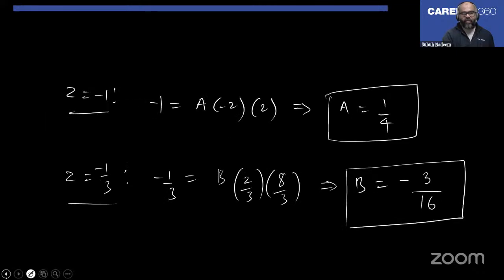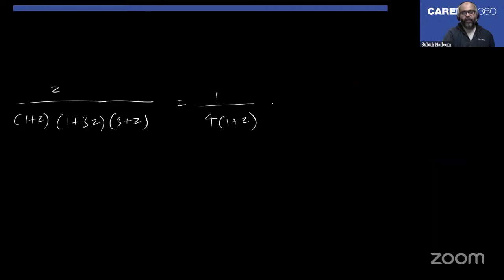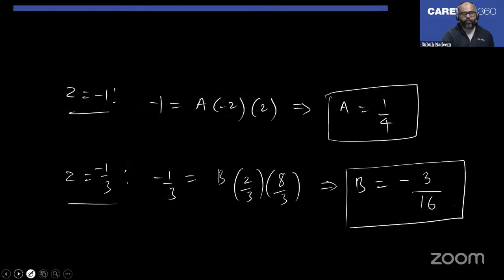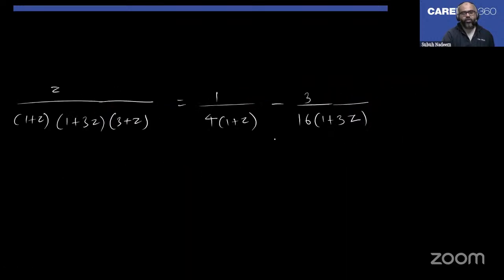And then we have b, minus 3 by 16. So minus 3 by 16 times 1 plus 3z. Then we have c by 3 plus z. So c will be minus 3 by 16 again. So minus 3 by 16 times 3 plus z.